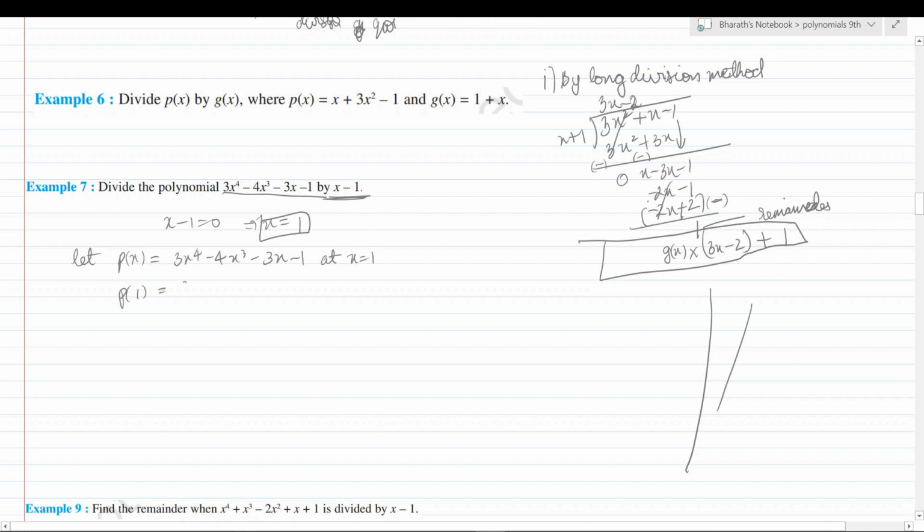Substitute p of 1, you get 3 minus 4 minus 3 minus 1. Cancel, minus 5.